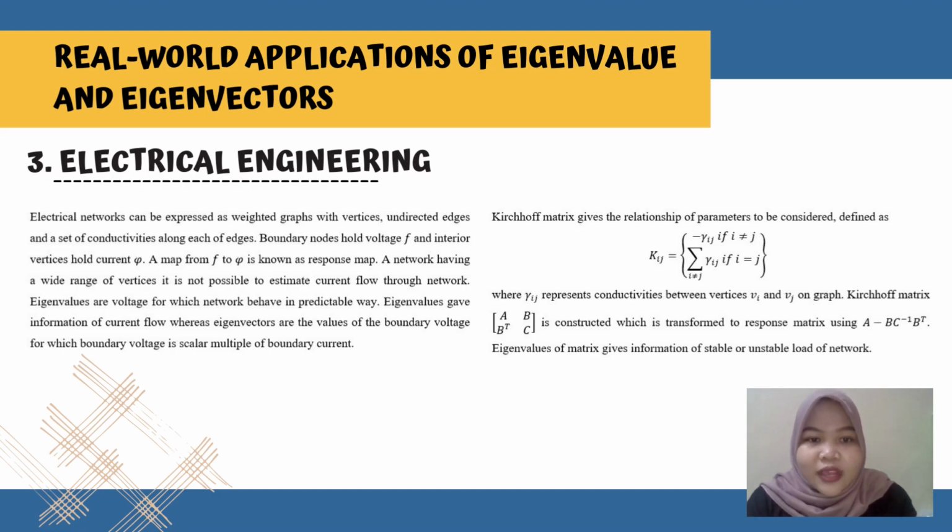A map from f to phi is known as the response map. In a network having a wide range of vertices, it is not possible to estimate the current flow through the network. Eigenvalues are voltages for which the network behaves in a predictable way.